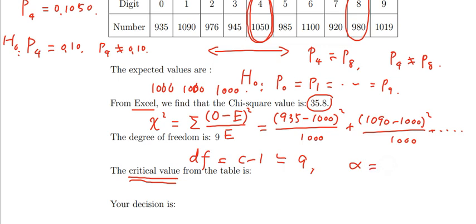Suppose alpha is 0.005. With the degree of freedom and alpha, we can determine the critical value. Then we can judge whether this test statistic is big or small. So we judge this number is a big number.